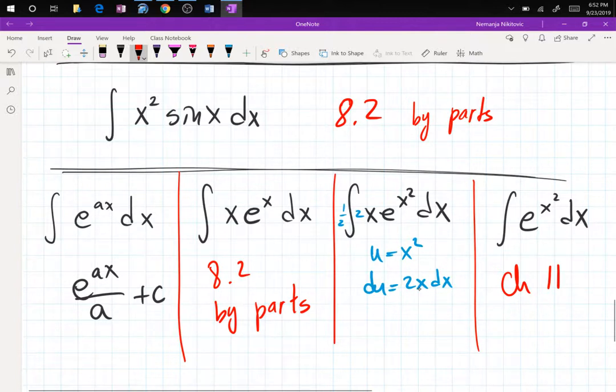Now, why have I done this? Because I just want to show how similar these questions are. They involve basic integration, 8.2, 5.5, and for this one chapter 11, it's 11.4.